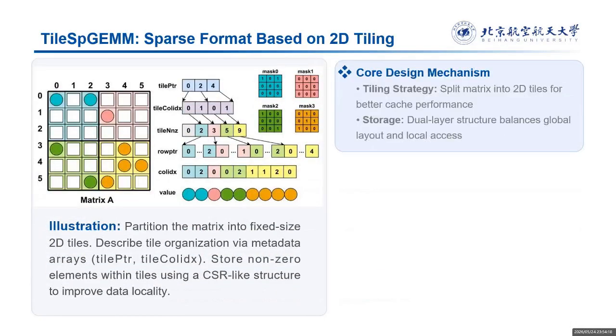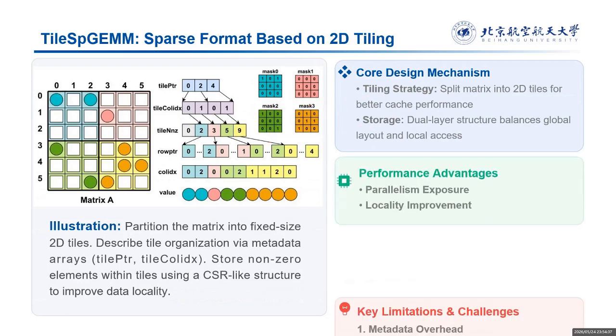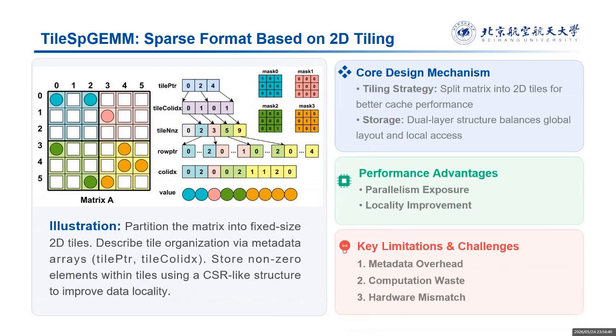To improve CSR, previous work proposed tiled formats such as TileSpGEMM. TileSpGEMM divides a sparse matrix into two-dimensional tiles. This improves locality and exposes more block-level parallelism. This is a useful step compared with pure CSR. However, TileSpGEMM still has limitations.